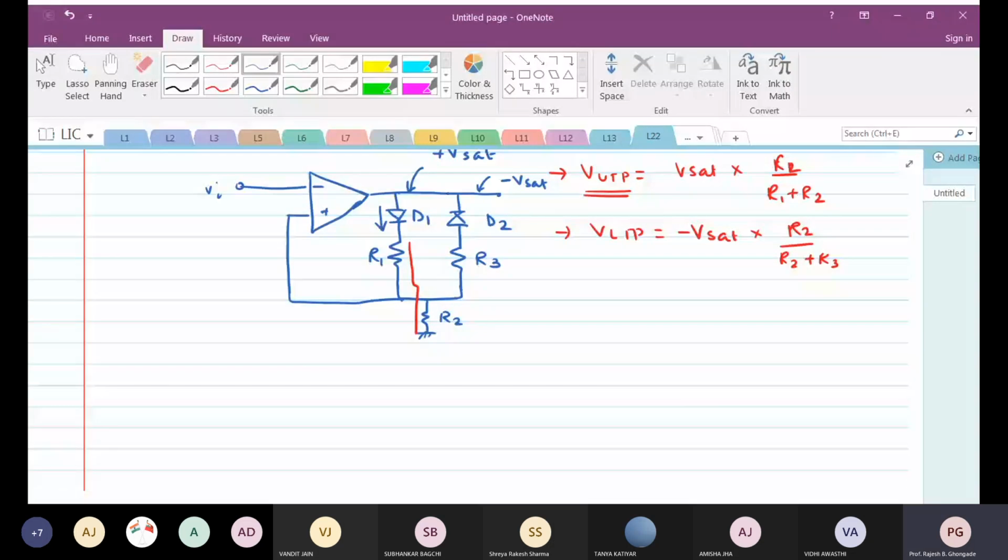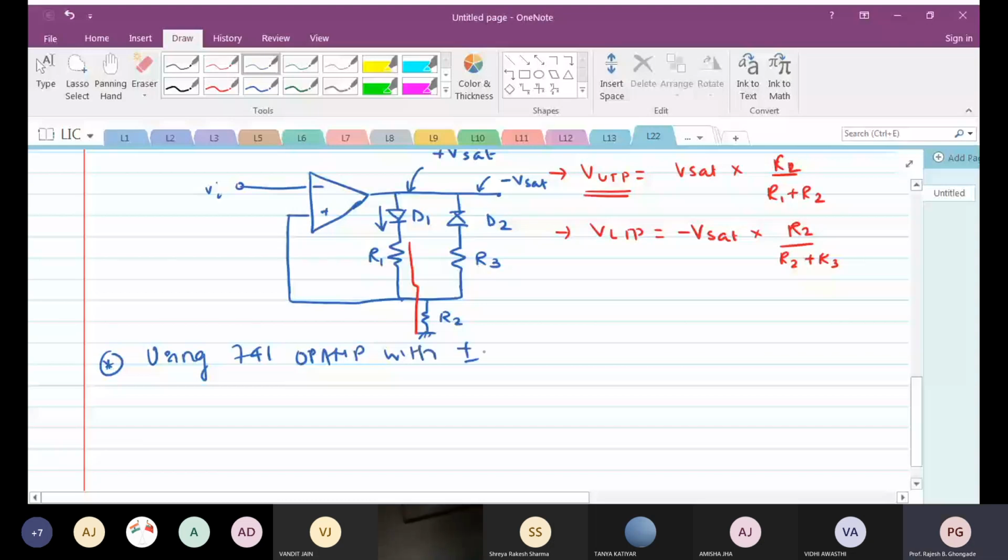So the design says that using 741 op amp with plus minus 18 volt supply, design an inverting Schmitt trigger circuit to have VUTP as plus 1.5 volts and VLTP as minus 3 volts.